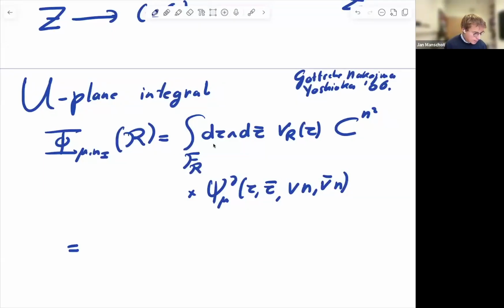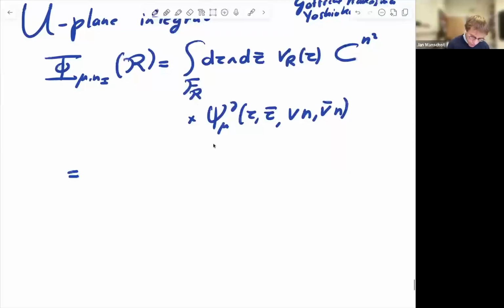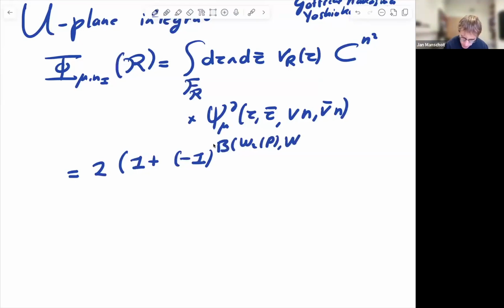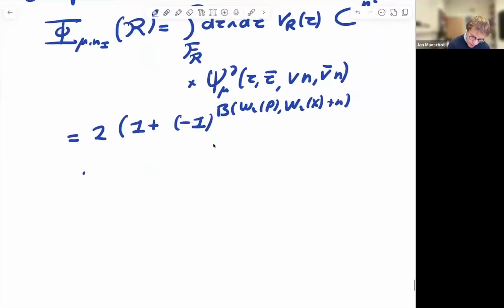And then this integral takes the form of 2 times 1 plus minus 1 to the power w2(P) w2(X) plus N, times the constant term.